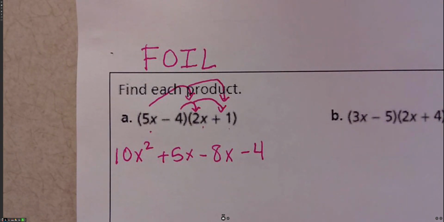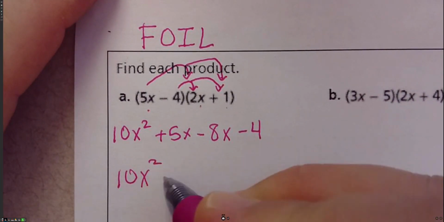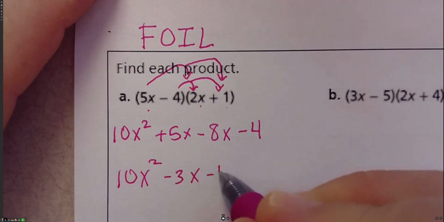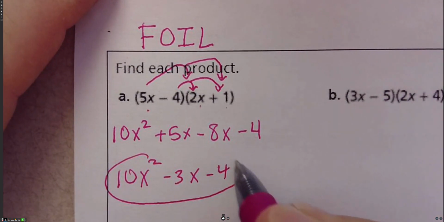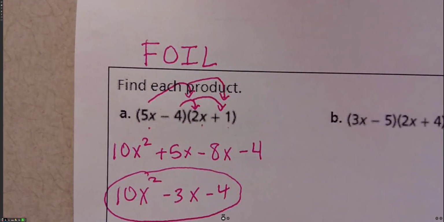Absolutely not, as long as you get to all of them. Yes. And then you add the like terms. So then we get 10x squared minus 3x minus 4. Okay. So first, outer, inner, last.